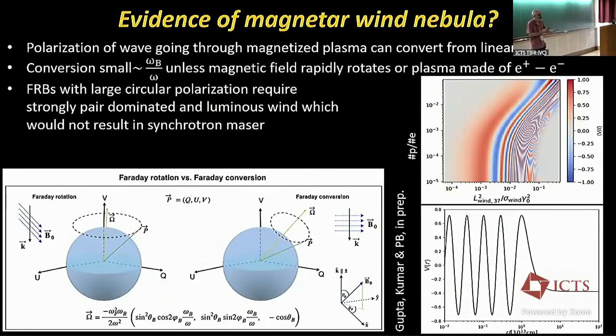Either the magnetic field is changing orientation very, very rapidly, or we have electron-positron plasma, in which case the typical angle of this rotation in the Poincare sphere of the polarization vector is misaligned from the V component of the Stokes parameters. And then you can indeed get a large circular polarization by this effect.